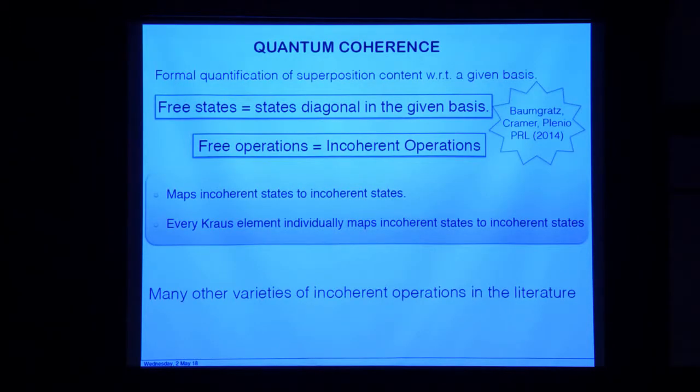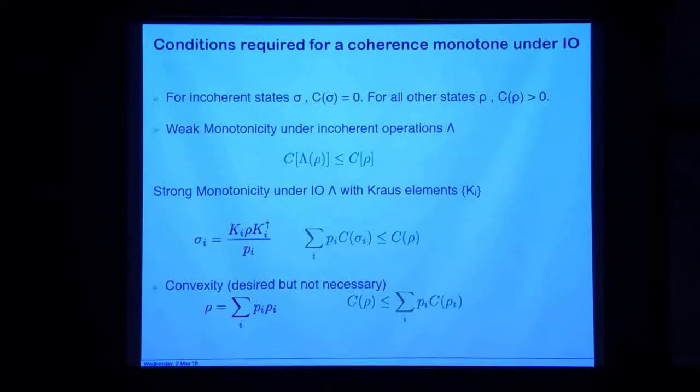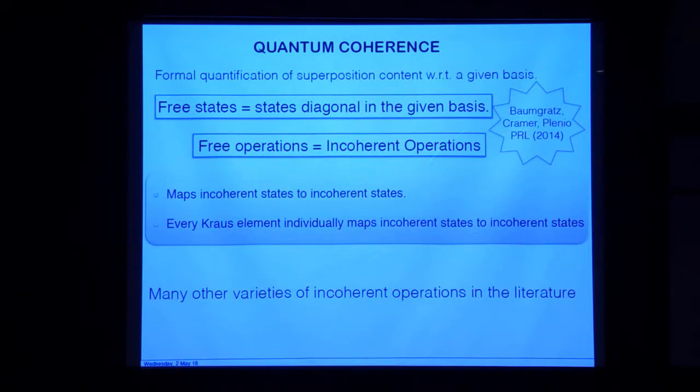But before that, let me tell you briefly about this notion of quantum coherence. Even though 100 years have passed since the development of quantum mechanics, quantum coherence as a resource theory was developed very recently, in 2014 only, by the Plenio group.